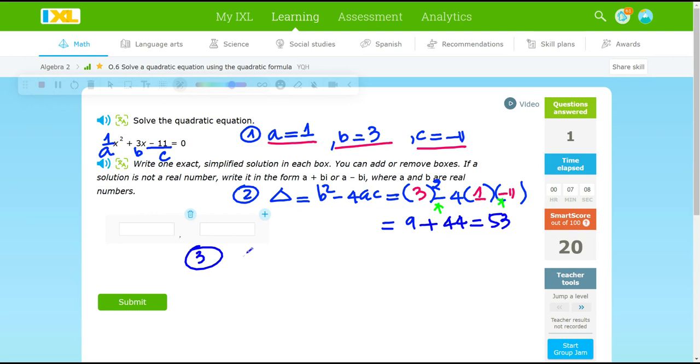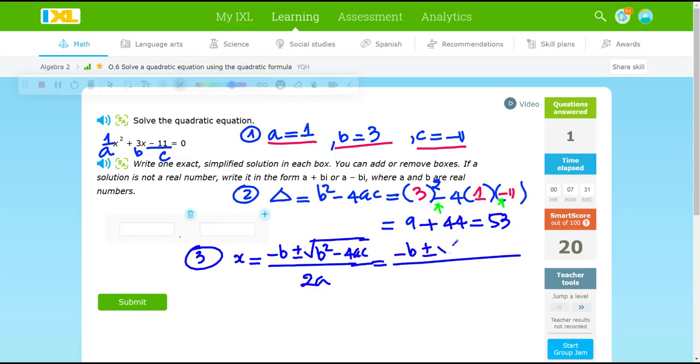Step number 3, substitute A, B, C, and delta into quadratic formula, which is x equals subtract b plus minus square root of b squared subtract 4ac over 2a.